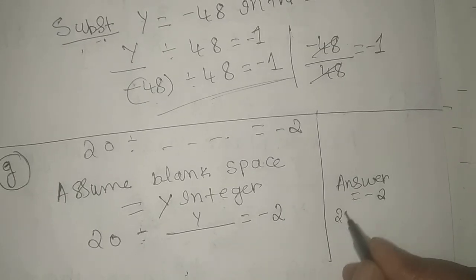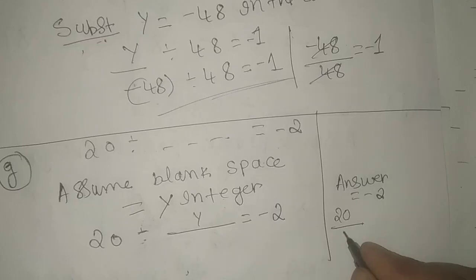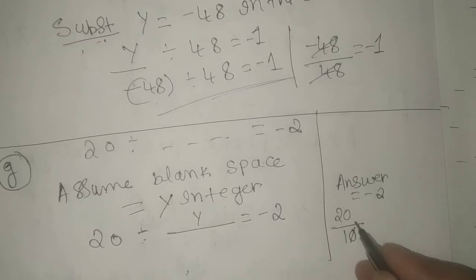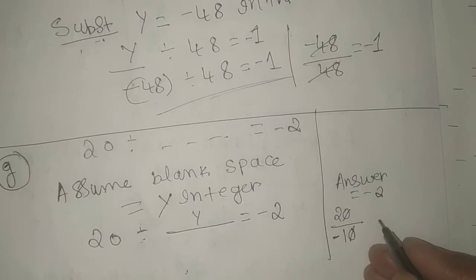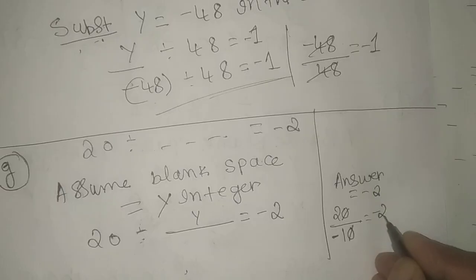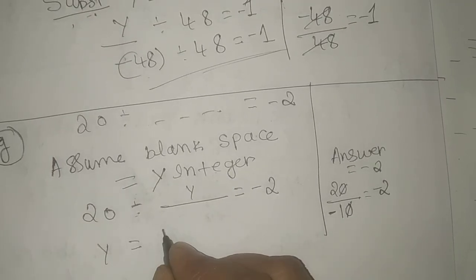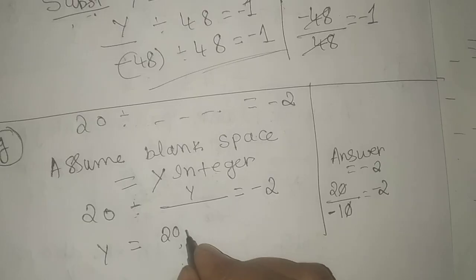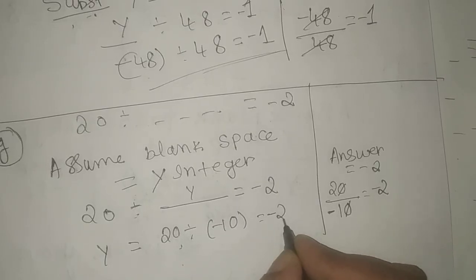So 20 divided by, then we'll take it as 10. Yeah, 10 means 2 ones are 2. So minus 10 we'll take. Okay, we'll get it as minus 2. Therefore, take y is equal to 20 divided by minus 10 is equal to minus 2.